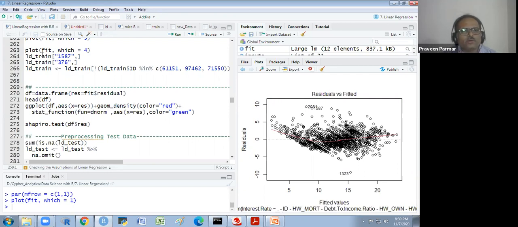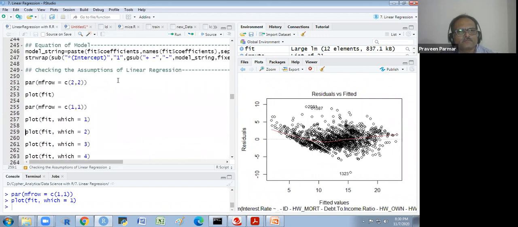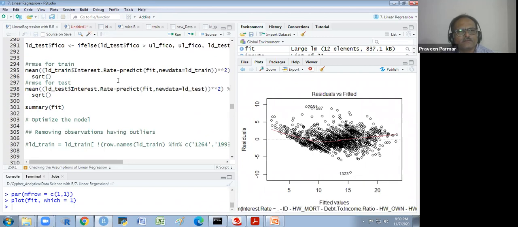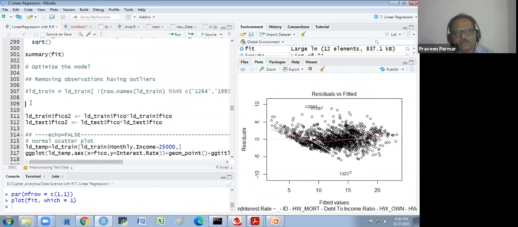So I explain that also here. And I have done that thing. And finally I got that if I square the FICO column, then it gets some straightness.